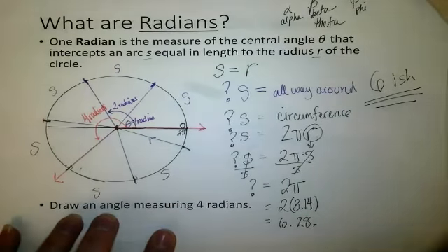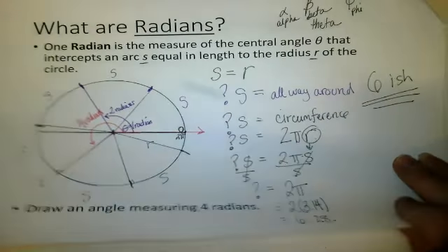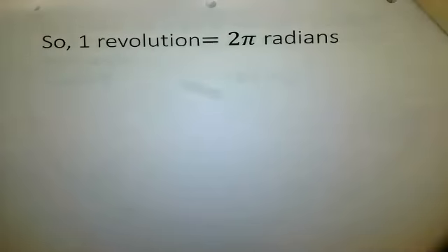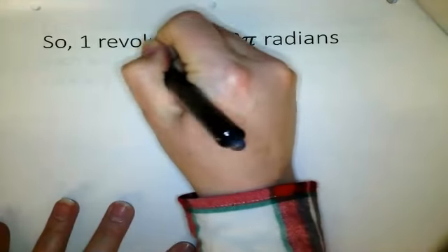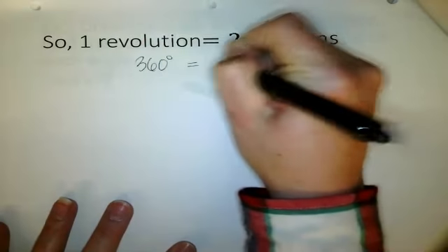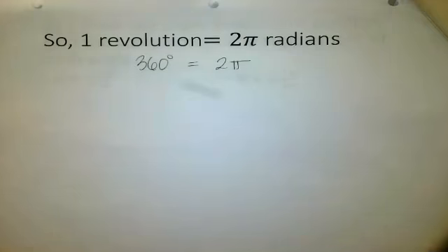Okay? What's nice about that is we can use it to convert. 1 revolution then is 2 pi radians. We also know that 1 revolution is 360 degrees. So these 2 things are equivalent mathematically.